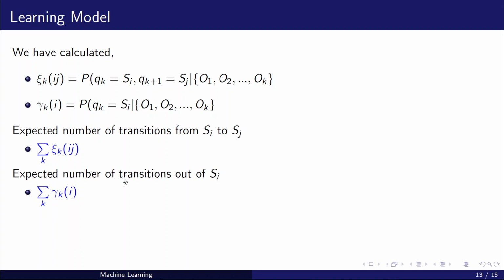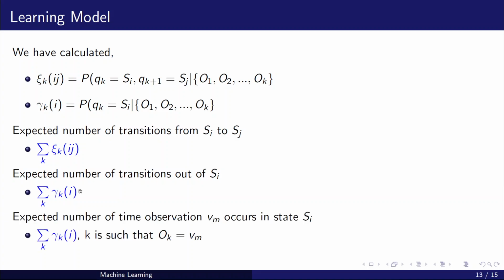The expected number of transitions out of si is sigma k gamma ki. So you are at state si at k, so in the next position you will have a transition. So this is the expected number of transitions out of si. By using these two values we can now find the A matrix, that is, the parameter A.